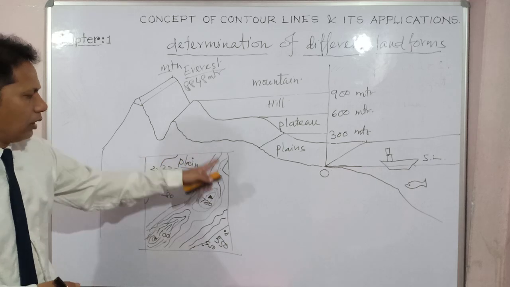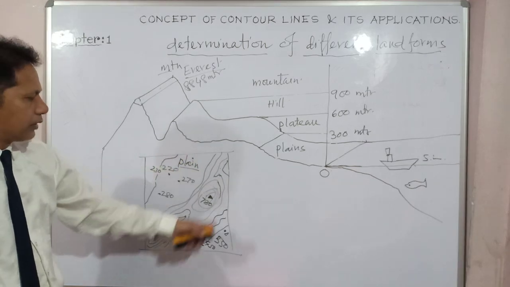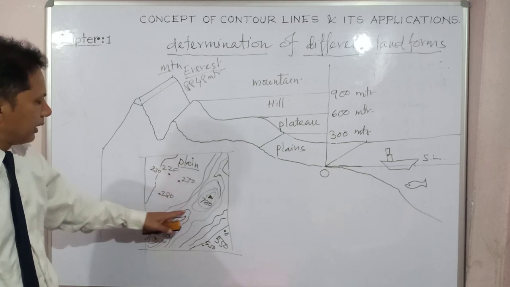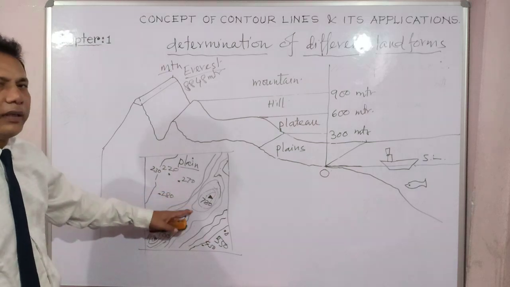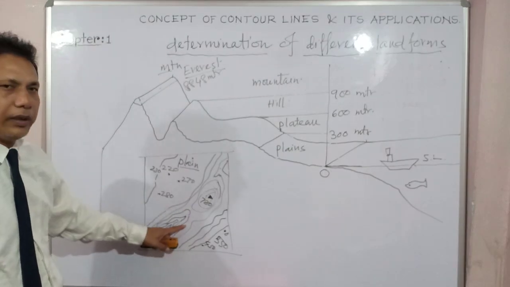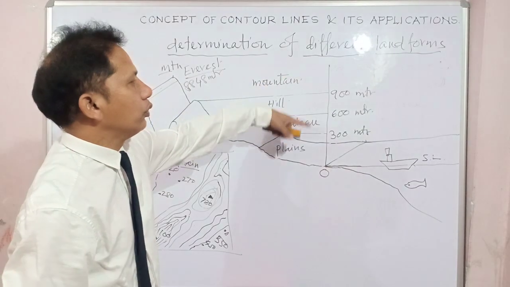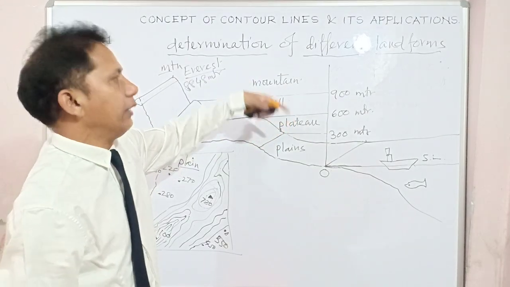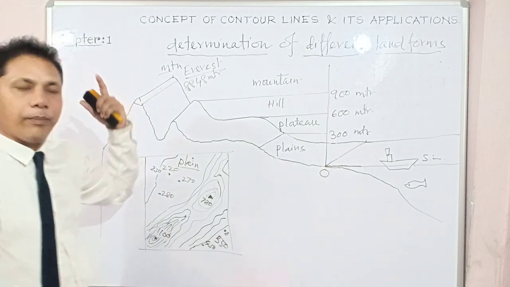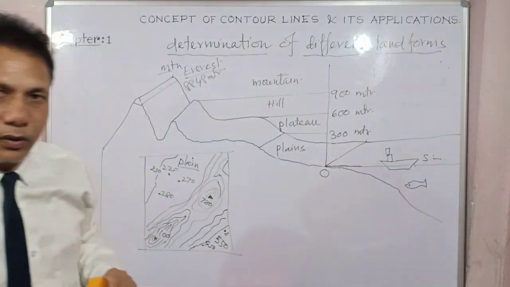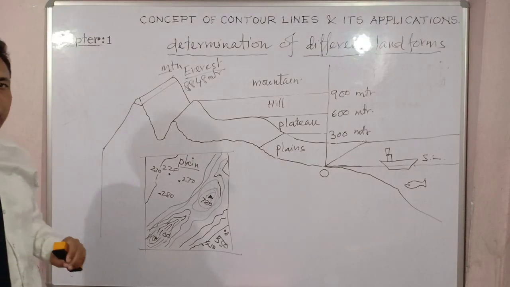With the available survey maps, whatever elevations or heights exist will be shown by the spot heights, triangulations and contour values. So you can categorize those with this standard average height of landforms, and you can identify the type of landform in that particular space where the question is based and asked.